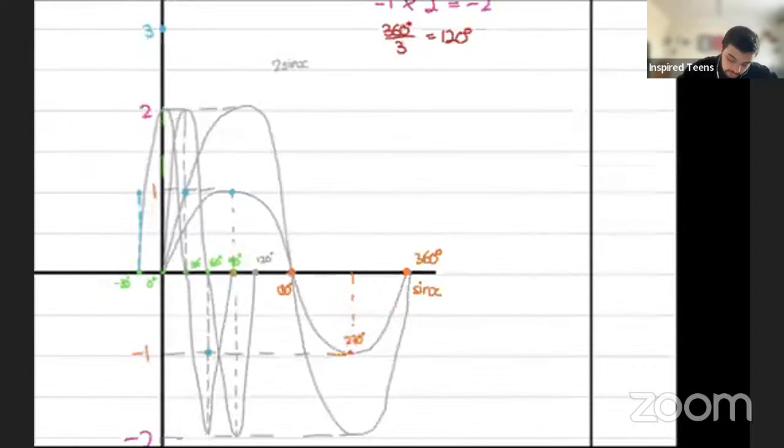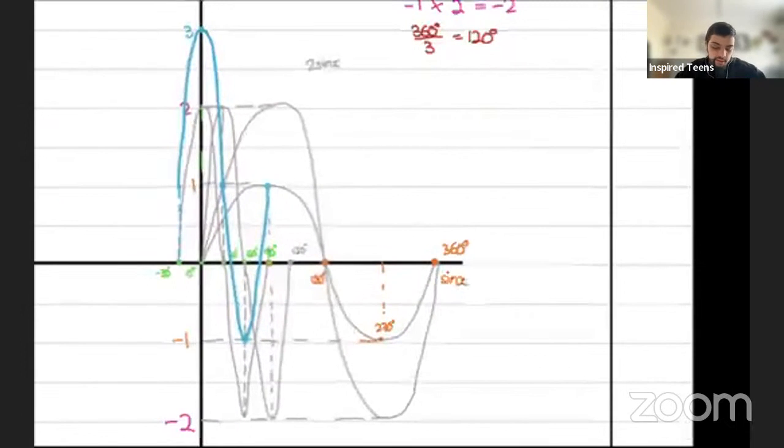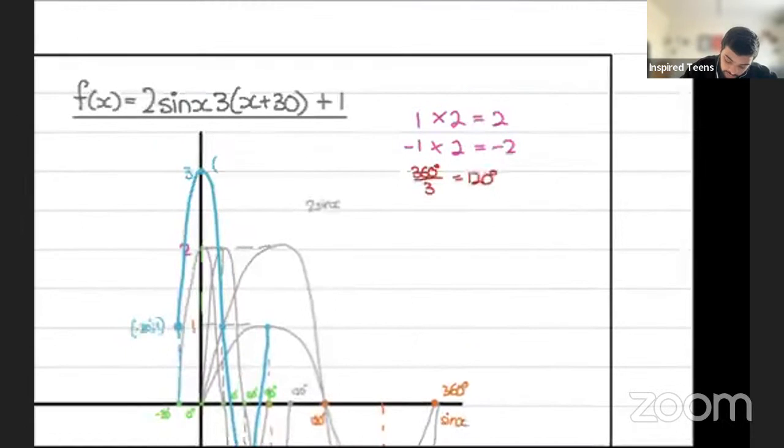Okay, so now let's draw in our final graph to the turning point. This is like an intercept. Okay, then to the turning point. This is like an intercept. So that's basically what our final graph would look like. This coordinate here is -30 and 1. This coordinate here is 0 and 3.